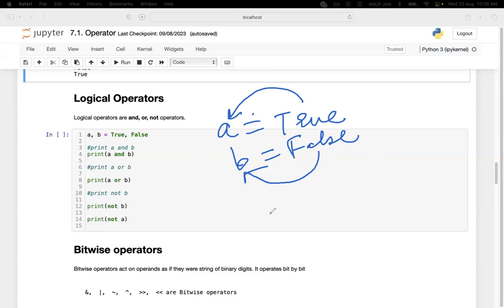And now I want to check A and B. So what does this AND operator do?